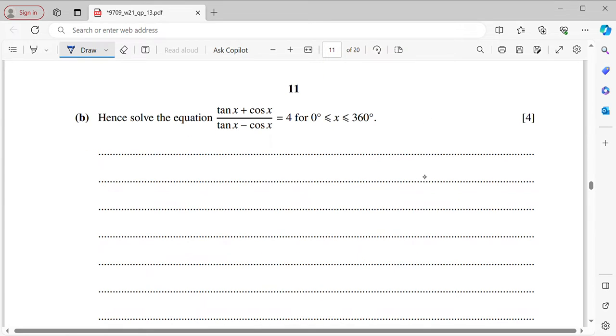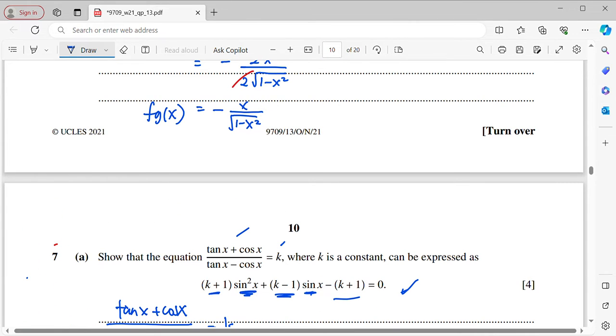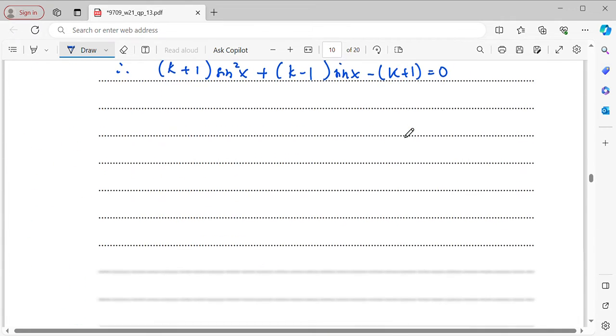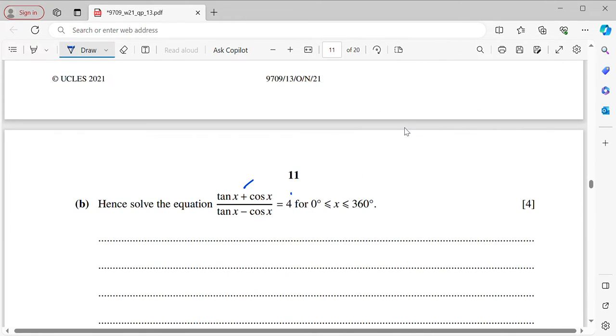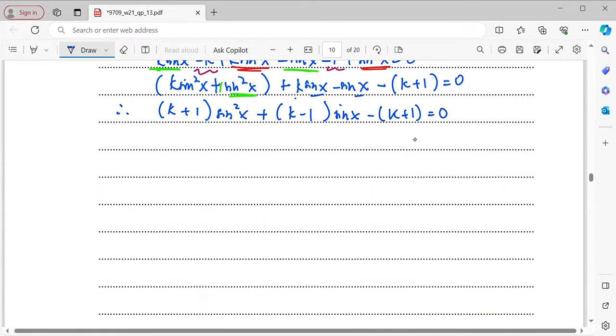Okay, next, hence solve this division equals to 4. So just now we have solved the division equals to k. That means now the k is 4. So after I replace the k by 4 here, the first term is 5.